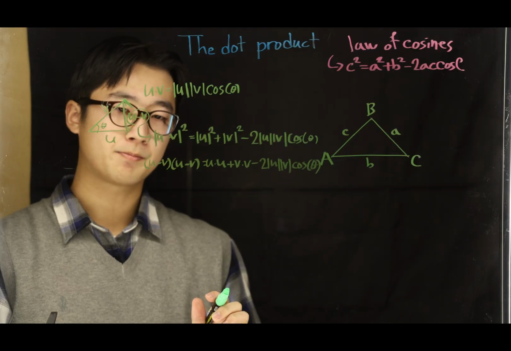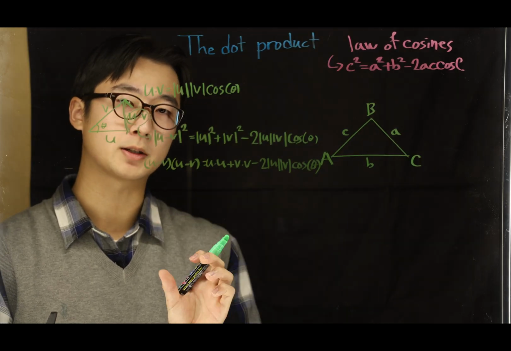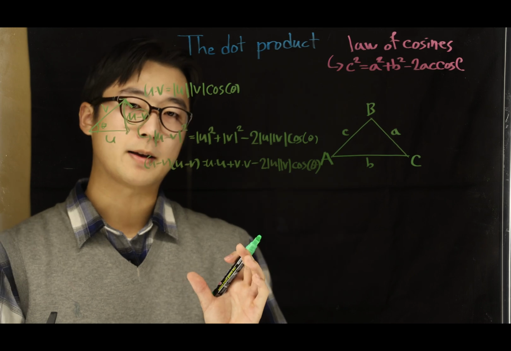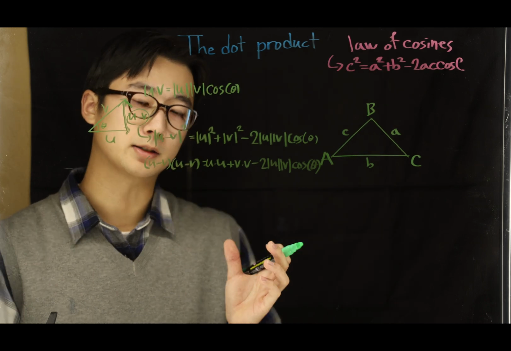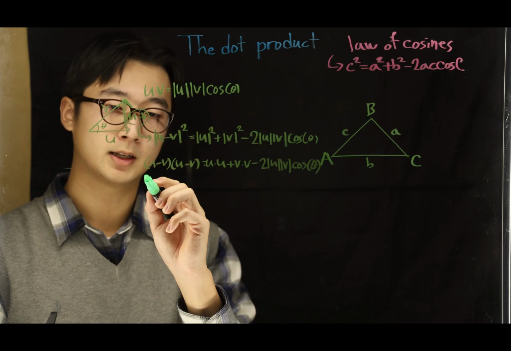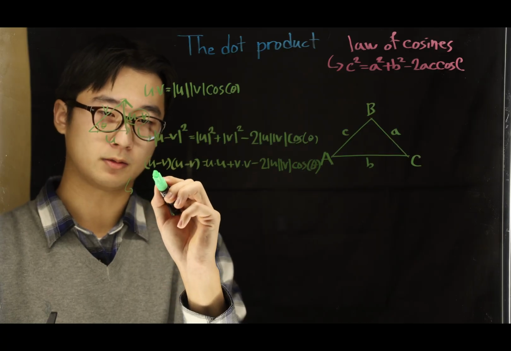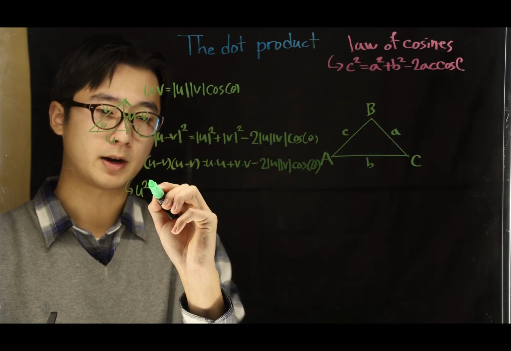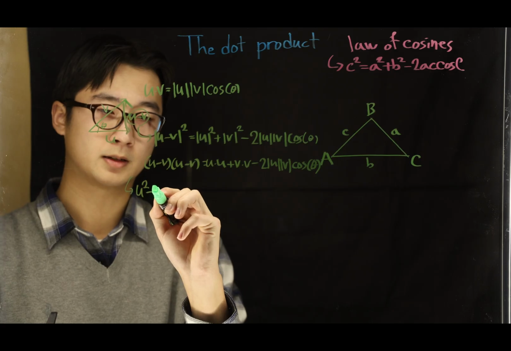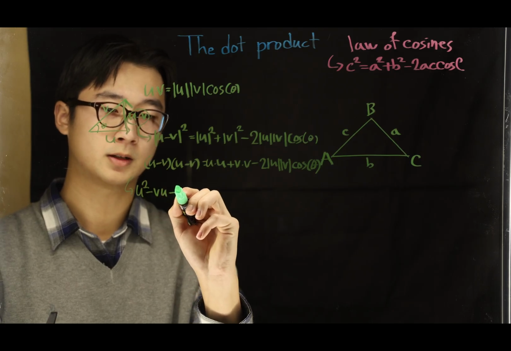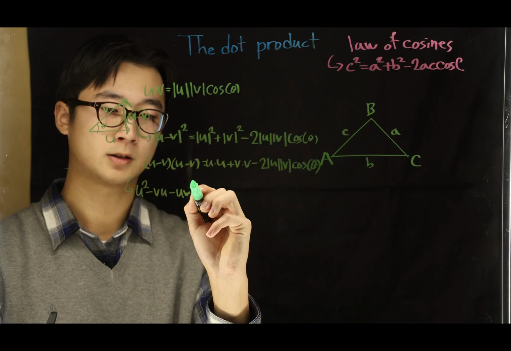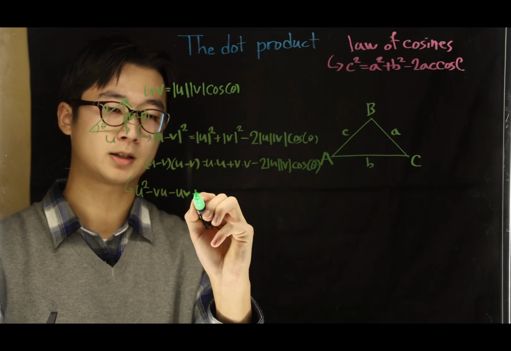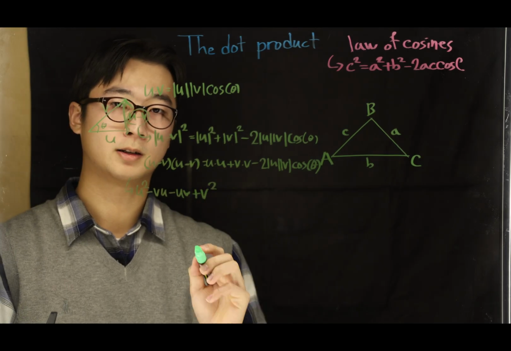Now, using the algebra skills we may have learned in middle school or elementary school, I don't know, this is equal to u squared minus v dot u minus u dot v plus v squared.